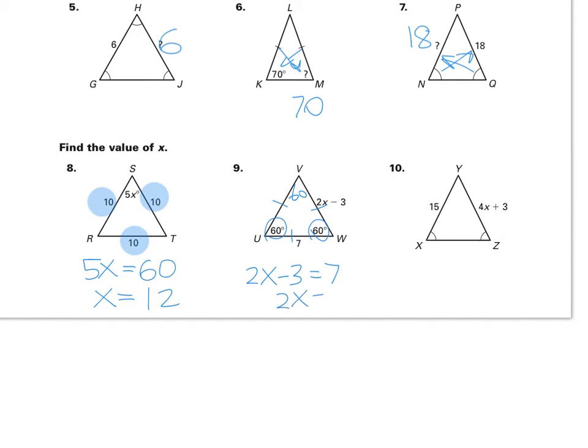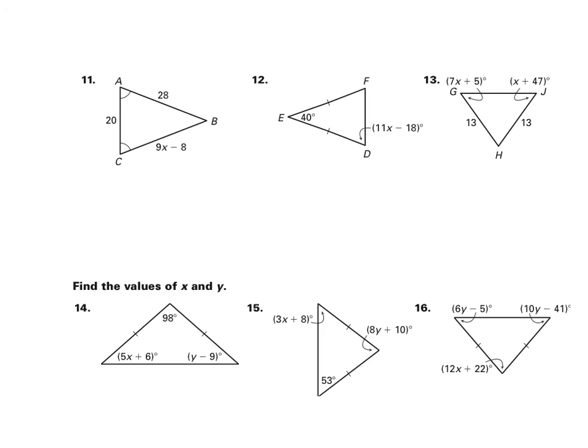Just solve for x. Isosceles, sides opposite, okay, and I'll do one more, and then the other 2 are for you.